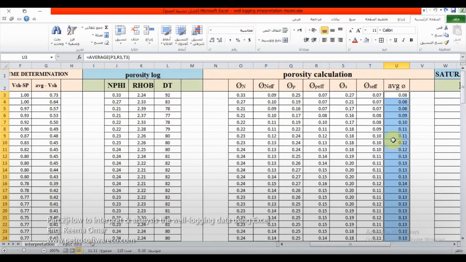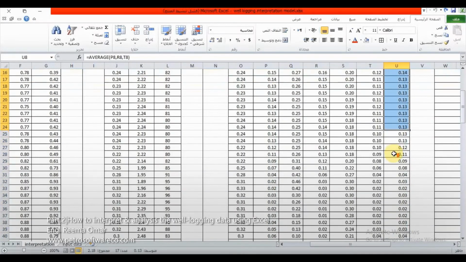The porosity in this zone is a good value, but in this zone it is low. At this zone you see the shale volume increase, and in this zone you see the shale volume decrease. So when the shale volume increases, the effective porosity decreases, and when the shale volume decreases, the effective porosity increases.